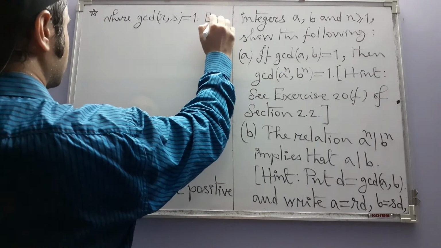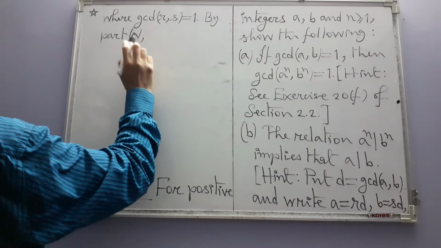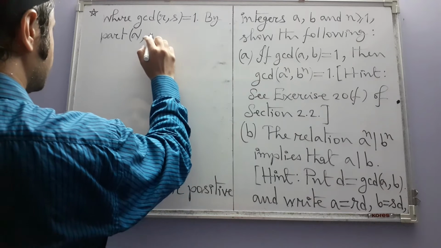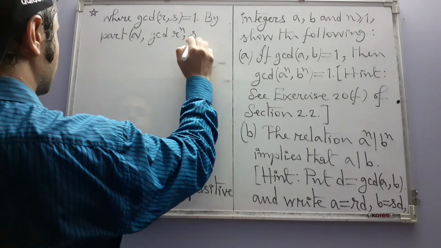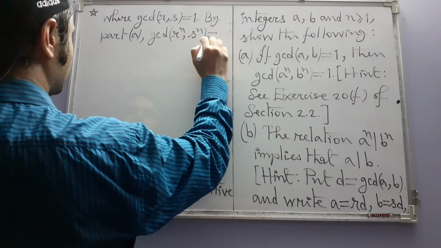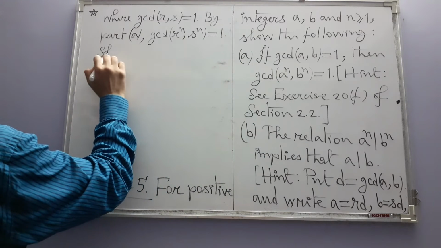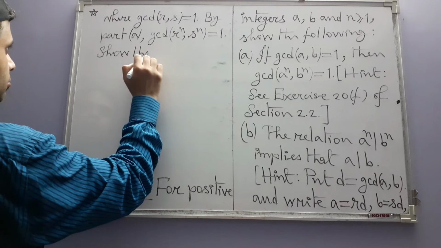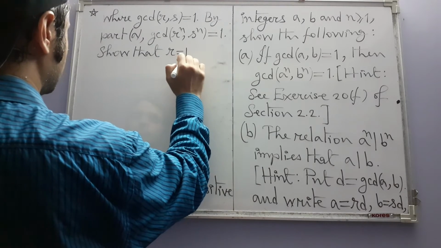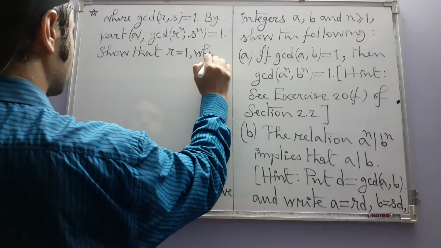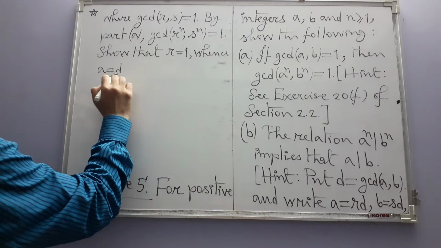By part A, the GCD of R to the power n and S to the power n, the nth powers also are relatively prime. Show that this R is equal to 1, whence from where we have that A is equal to D.